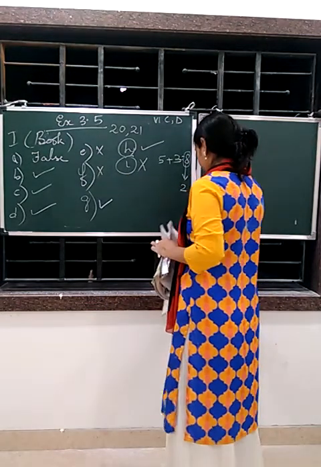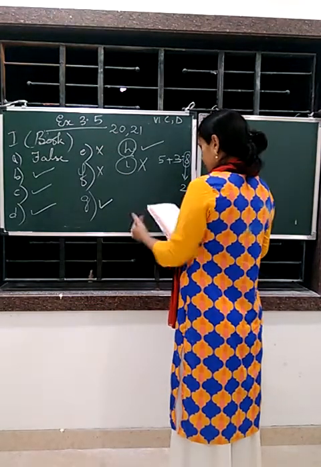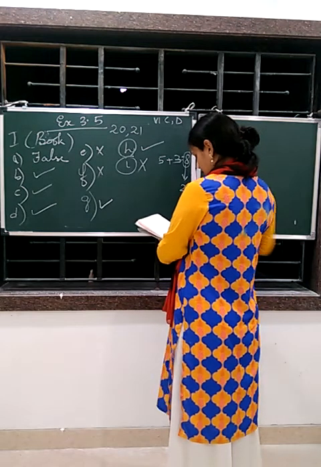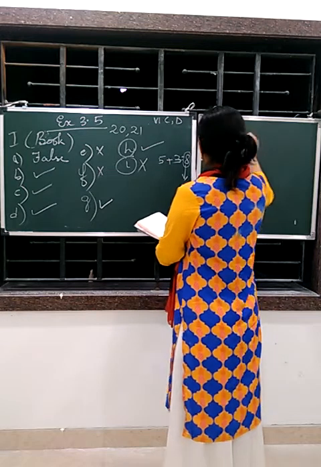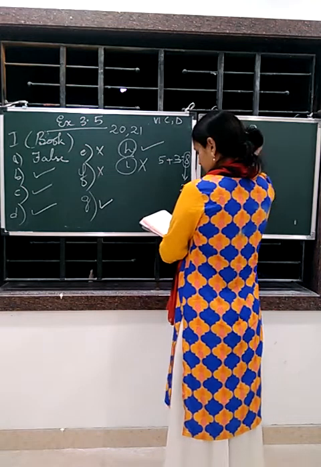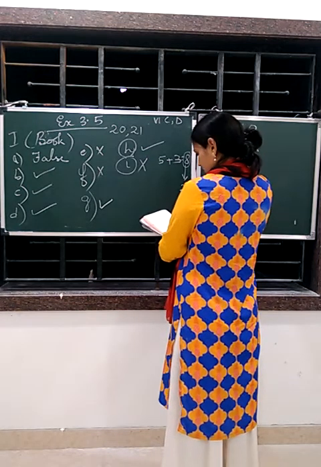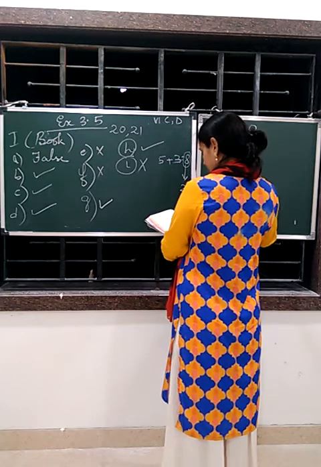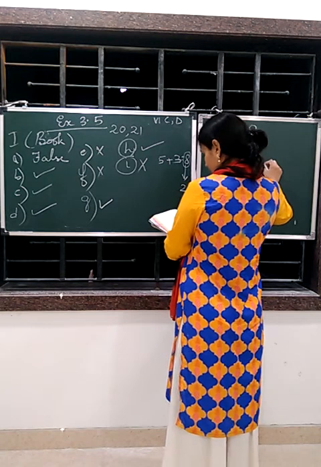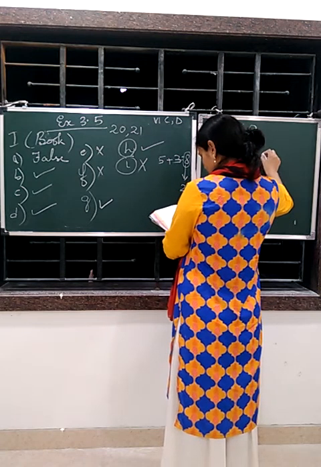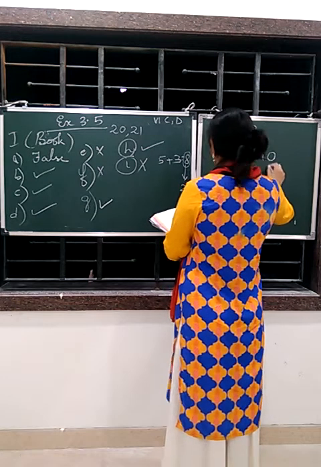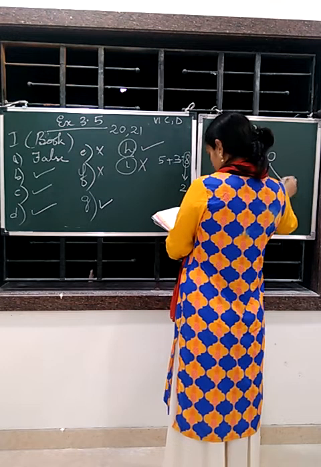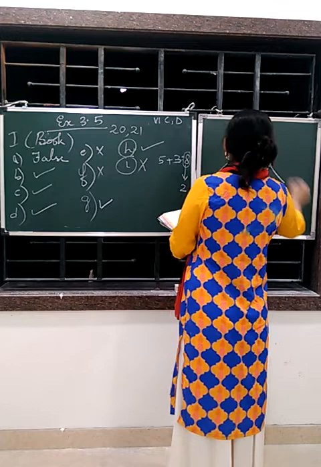We have to fill in the blanks. Here are two different factorizations of 60. Write the missing numbers. So 60, 6, 2 into dash, here is 10, and here is dash.